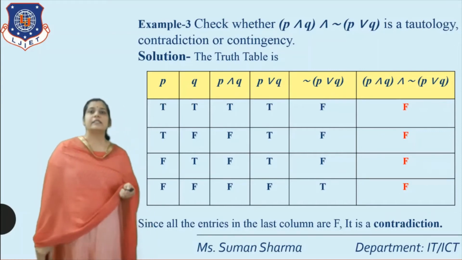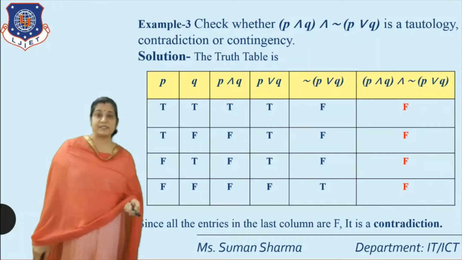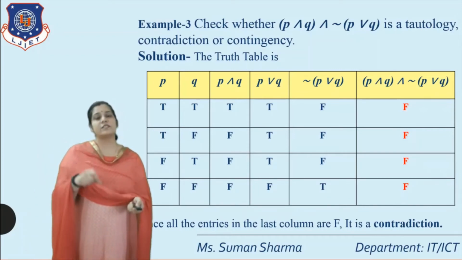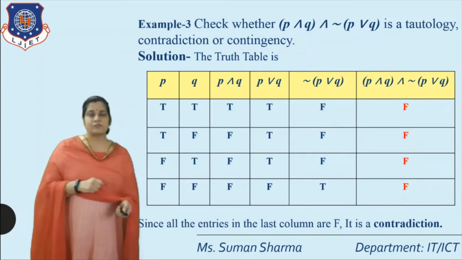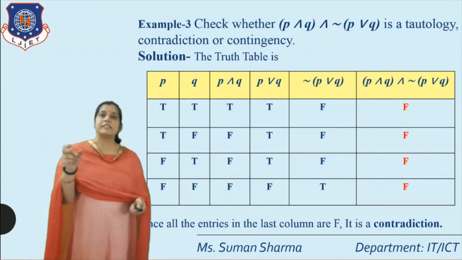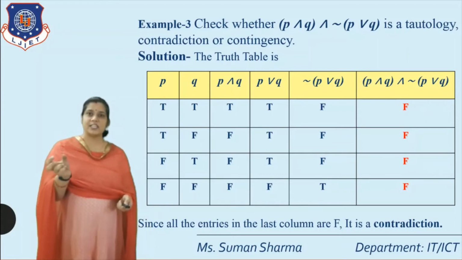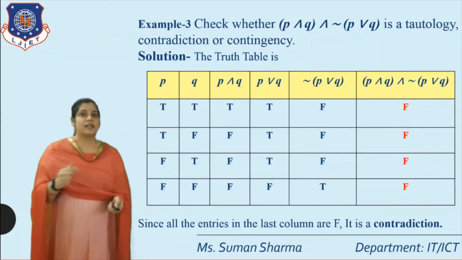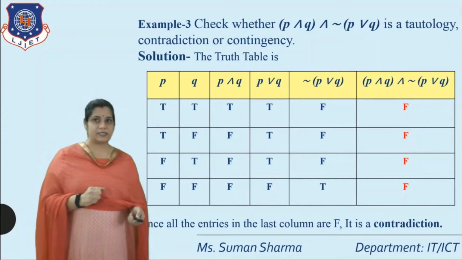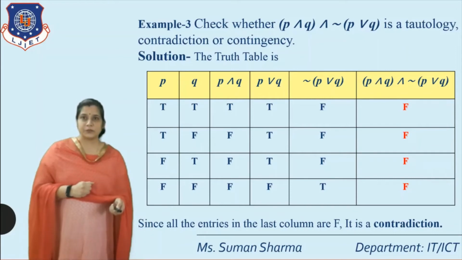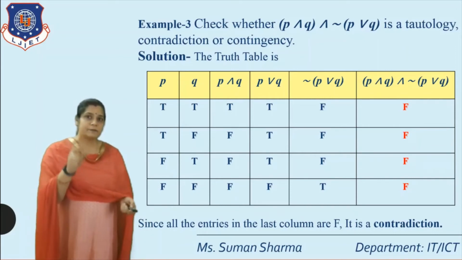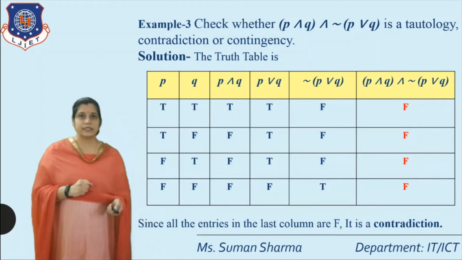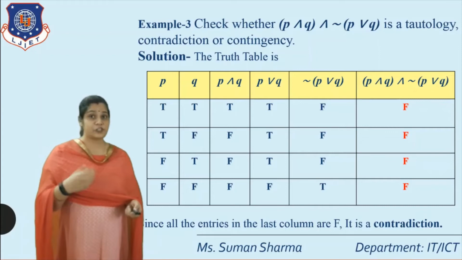Next is the negation of P disjunction Q. We take the P disjunction Q column and apply the negation sign to it. So T becomes F, and the column is F, T, F, T, F and F, T. Your last column is P conjunction Q, conjunction negation of P disjunction Q, so we use the P conjunction Q column and the negation column.